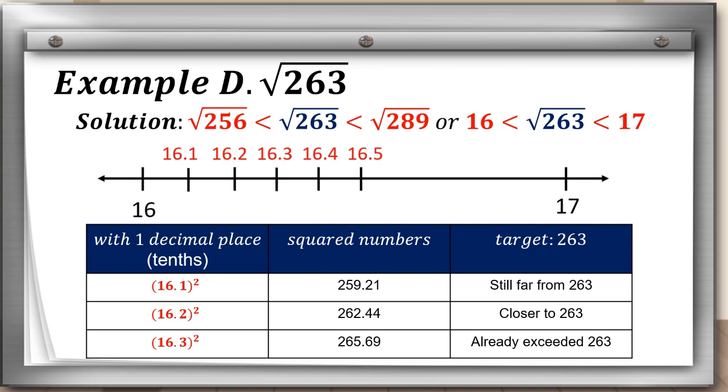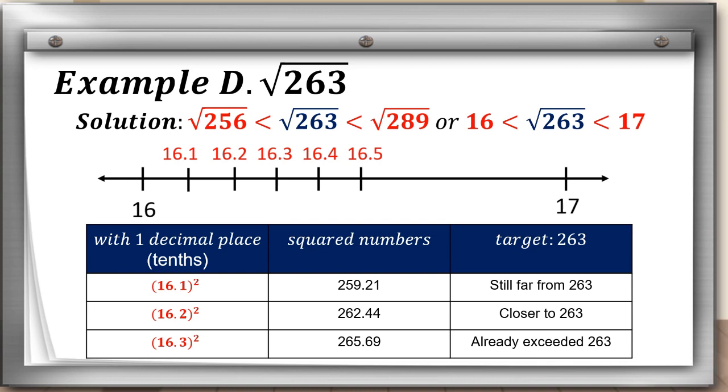Next, 16.2 squared is 262.44, and that is closer to 263. And lastly, 16.3 squared, which is 265.69, and that is already exceeded 263.